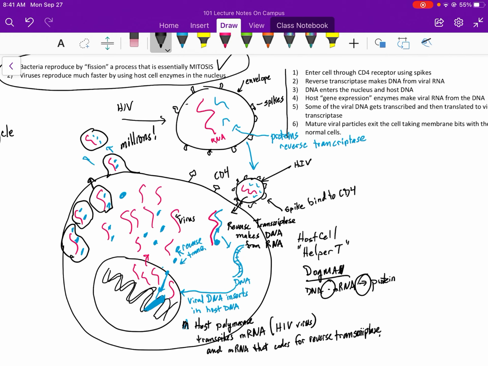Yeah, you do. And it's important because when we talk about inheritance, so to speak, like the next generation of viruses from a single cell, they're going to create millions of virions, really different than the bacteria process.